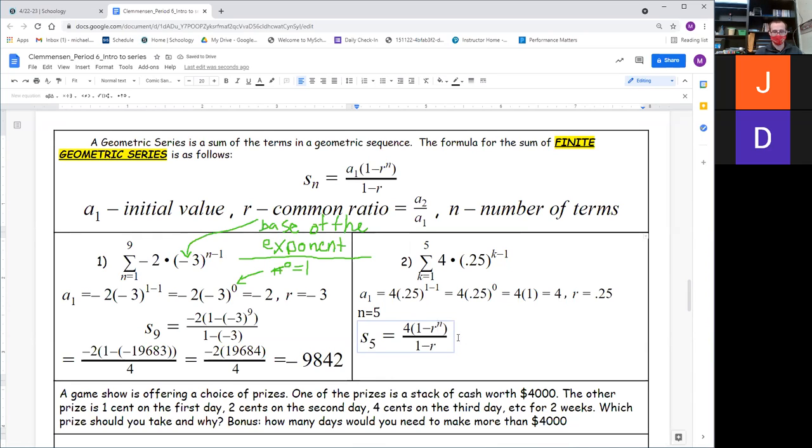R is 0.25. N is 5. R is 0.25. Then I've already done the math myself. That is equal to, let's make sure I get it right, 5.328125.